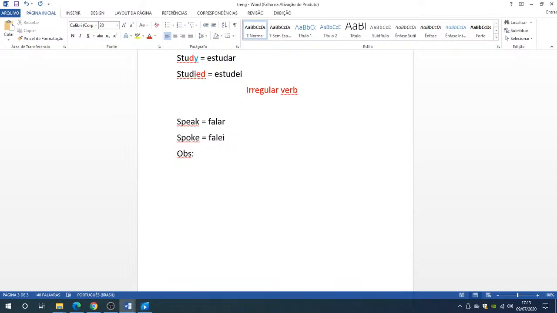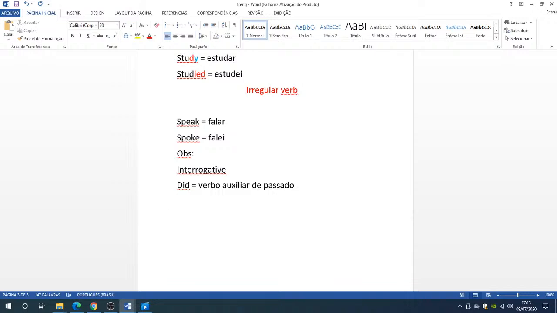Quando você formula uma frase interrogativa no passado, você coloca did, que é um verbo auxiliar. Ok? Você usa did, é um verbo auxiliar de passado.